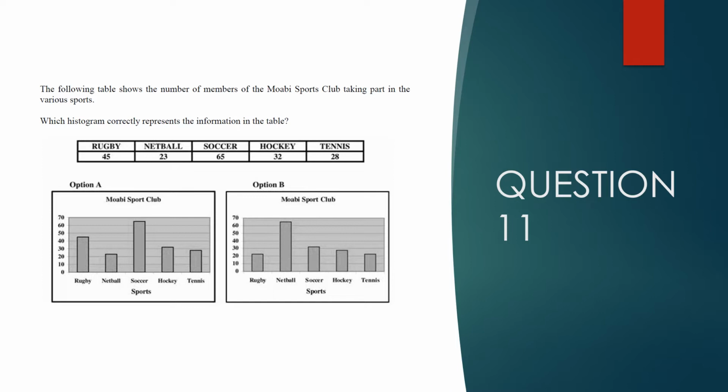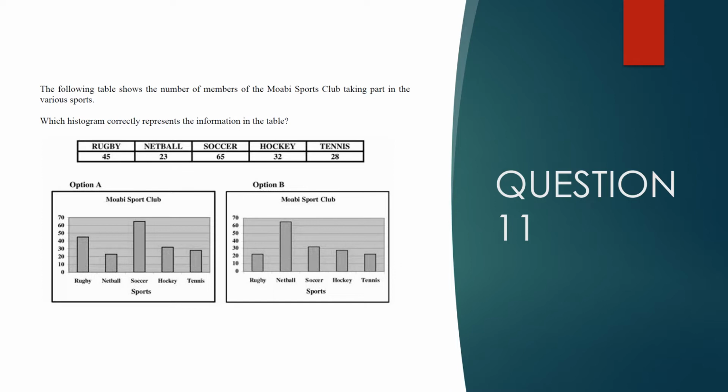So right now we have option A as the correct answer, but we cannot jump to conclusions. Let's check the other options. Option B: rugby is 45 according to our table, but on the graph in option B it's not showing 45, it's showing somewhere around 23, meaning option B is written off.